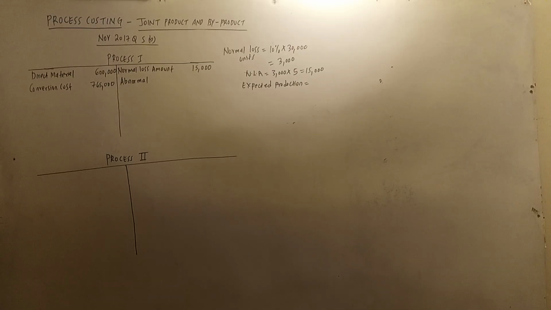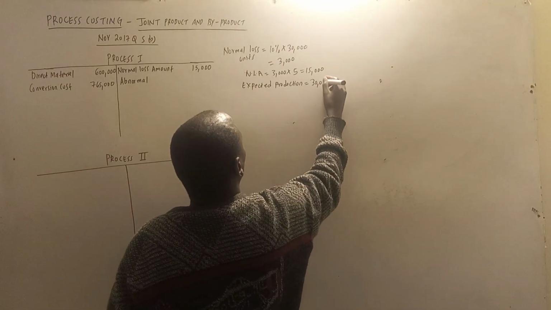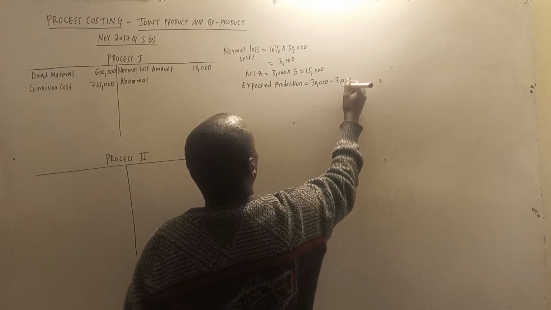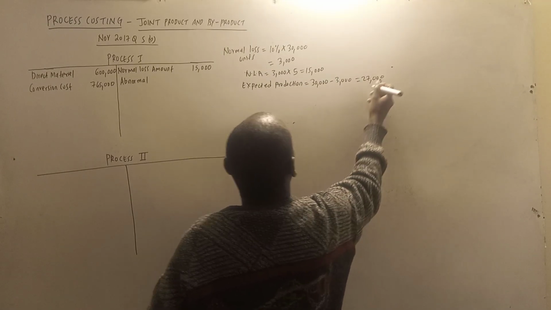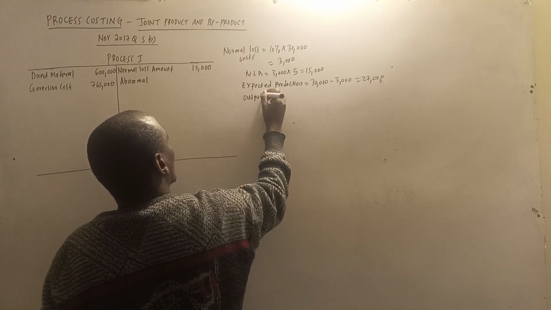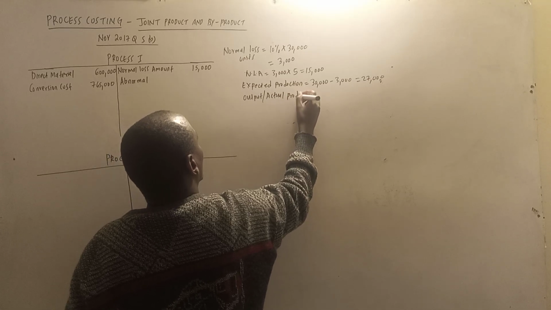We take the inputs, which is 30,000, minus our normal loss, 3,000. We are getting 27,000. Then we compare it with output or actual production.